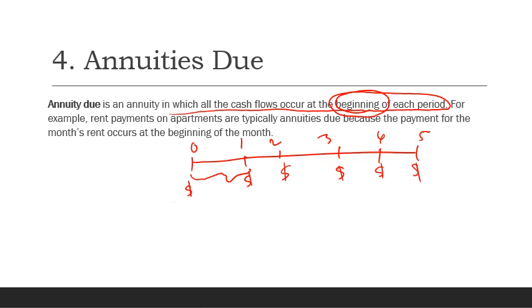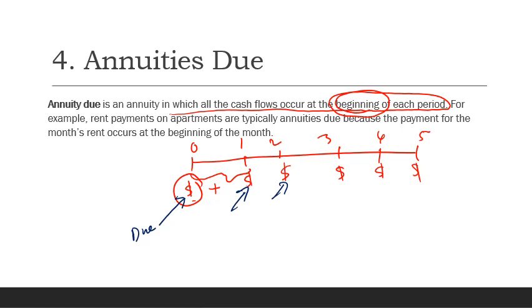If you compare annuity due and ordinary annuity, the annuity due will start earlier by one time interval, plus 1 here, because with ordinary annuity we start here, but in the case of annuity due, it will start immediately here. So there will be an extra payment.